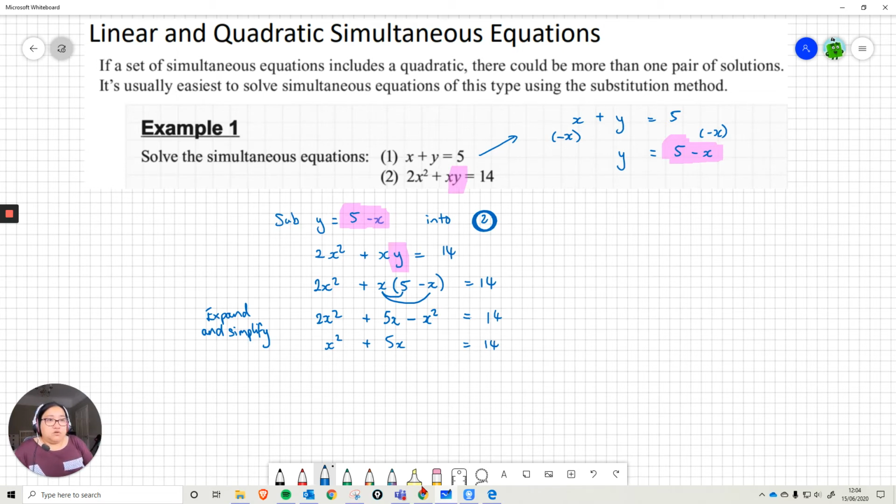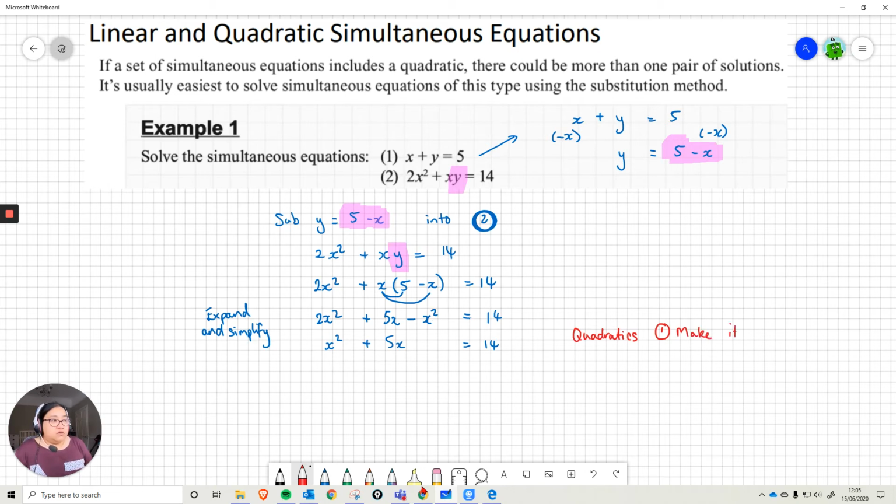Now you can see we have a quadratic equation because the highest indice is 2. We've got an x squared here. And because we've got a quadratic equation, this will link back to the work we've done over the past couple of weeks with quadratics. When you've got a quadratic equation, remember the first thing you've got to do is make sure it's equal to 0.